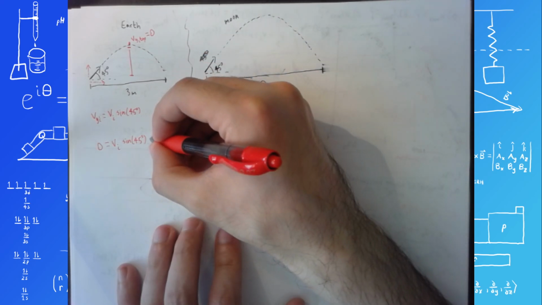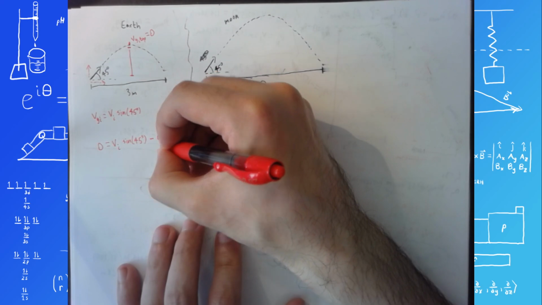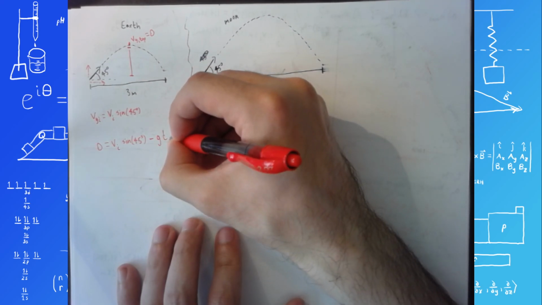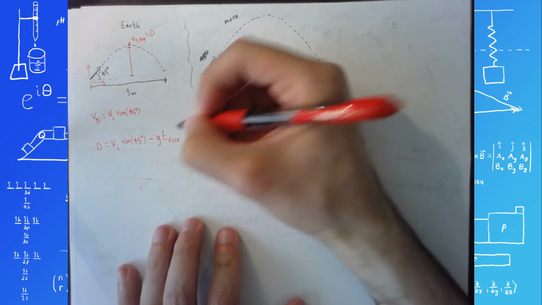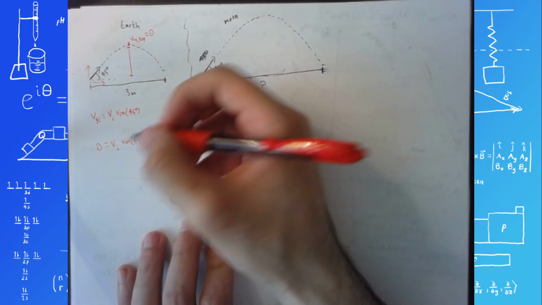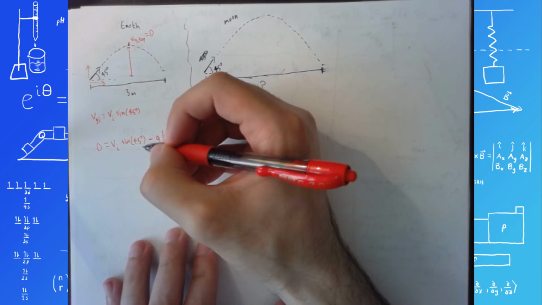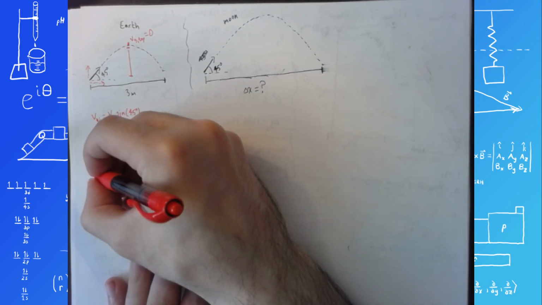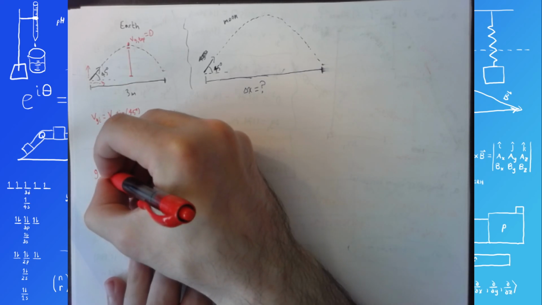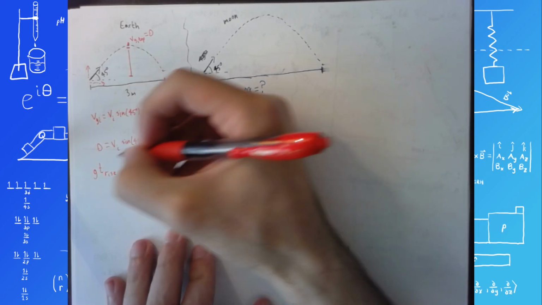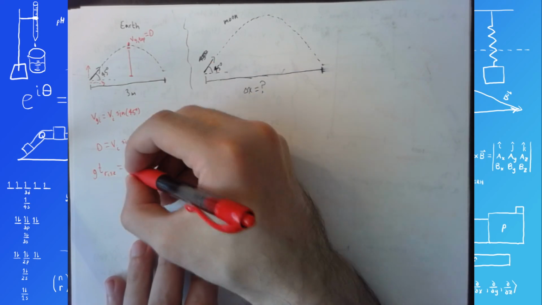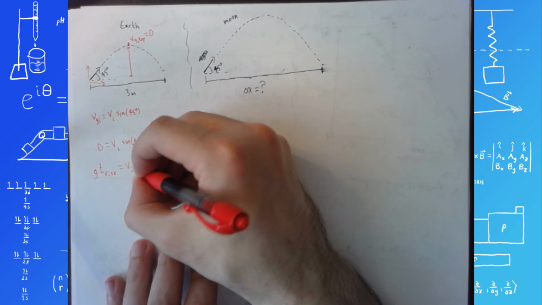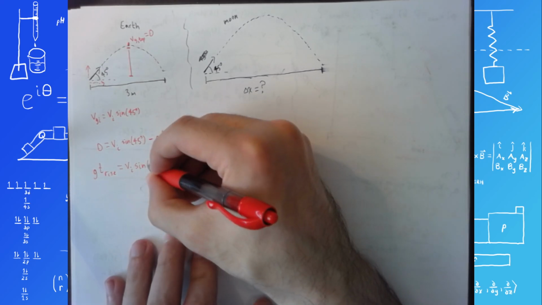So that's going to be negative g times t rise. And then if I solve that for t rise, I add g t rise to both sides. So g t rise equals v initial sine 45.